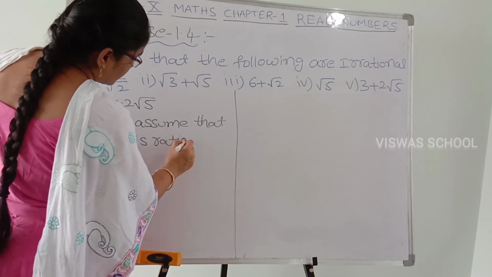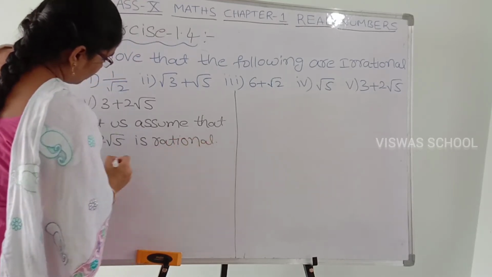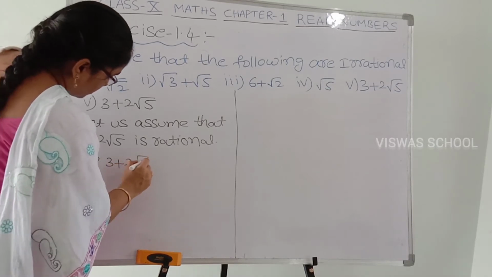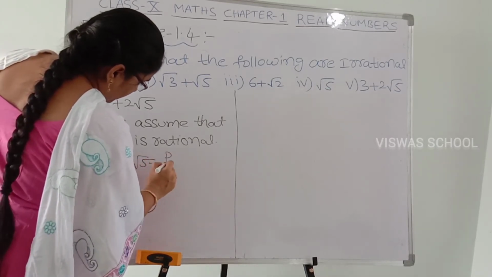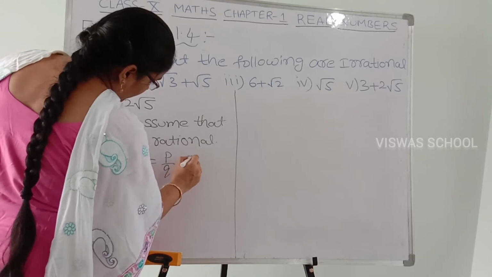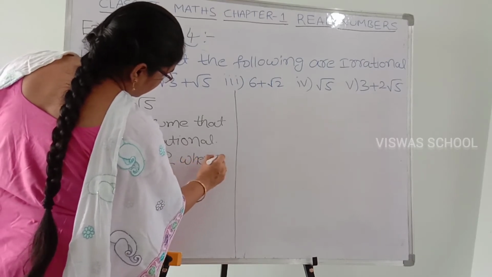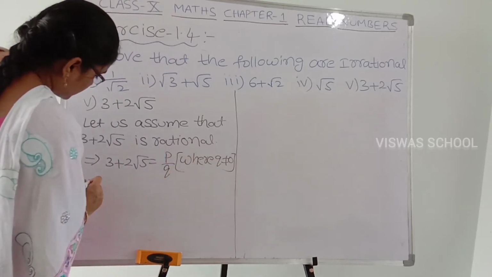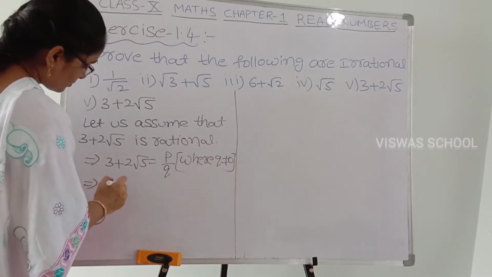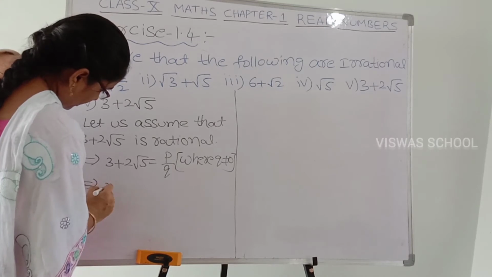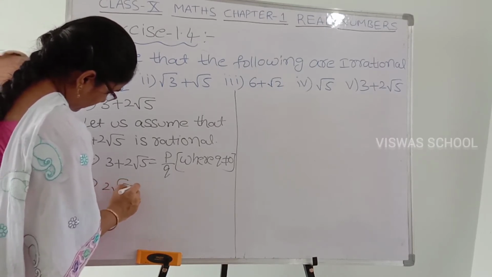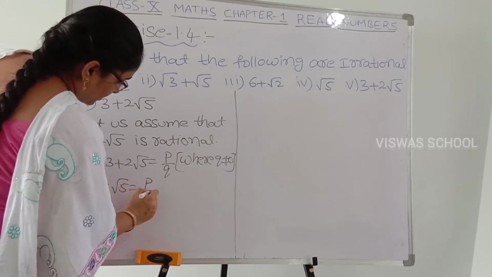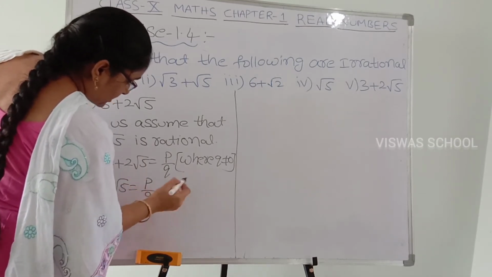If it is rational, it is in the form of p by q. That is, 3 plus 2 root 5 equals p by q, where p and q are integers and q is not equal to 0. Here 2 root 5 equals, write this 3 on the RHS side, p by q minus 3.